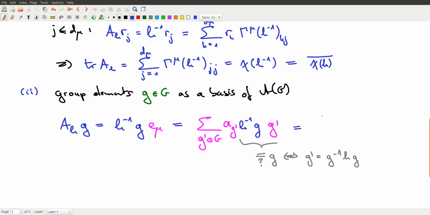So we can write this as, let's say, A sub G inverse H G times G plus terms that are not proportional to G. And if you want to calculate the trace, we have to sum all these here.